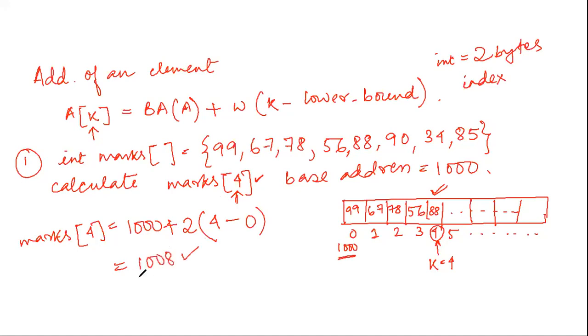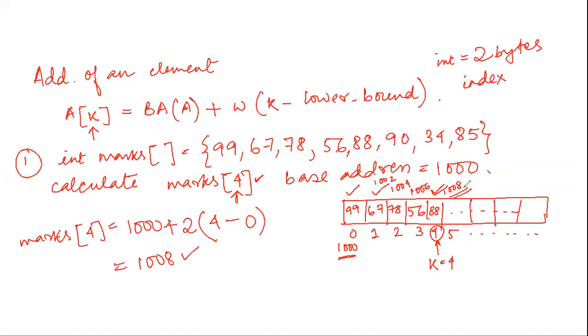Now if I verify, this is the address of my marks 4. If you verify it literally, since each integer is 2 bytes and my address starts from 1000, the next consecutive location will be 1002, the next 1004, the next 1006, and the next 1008.